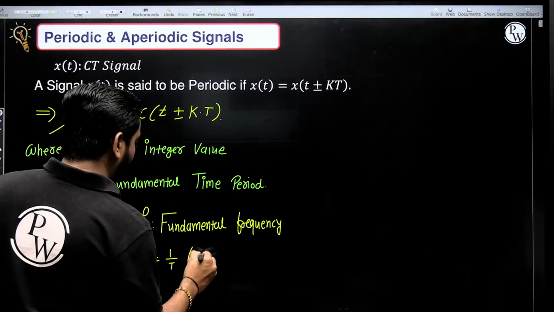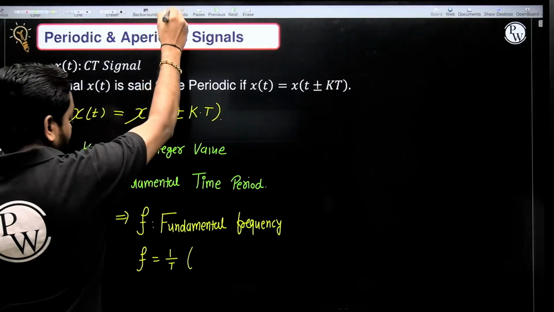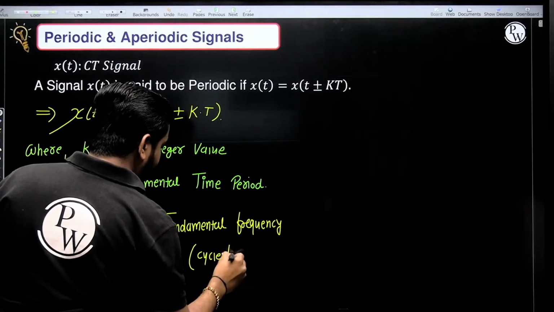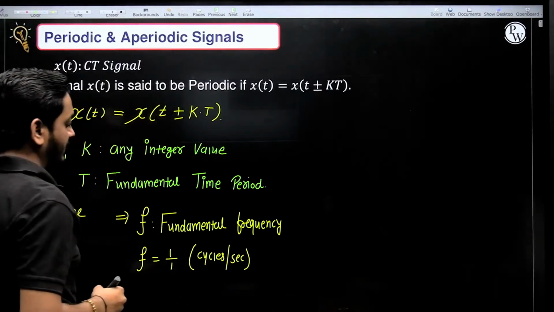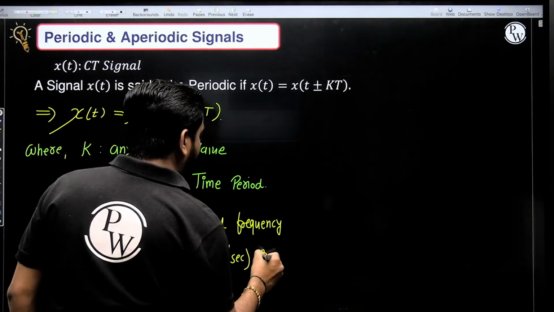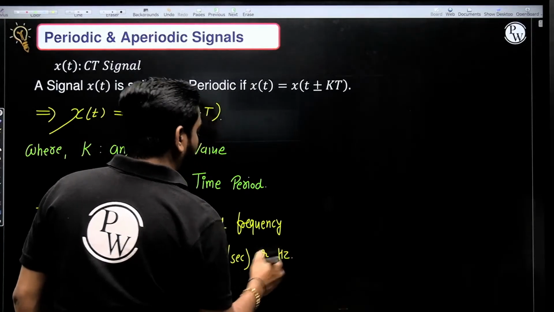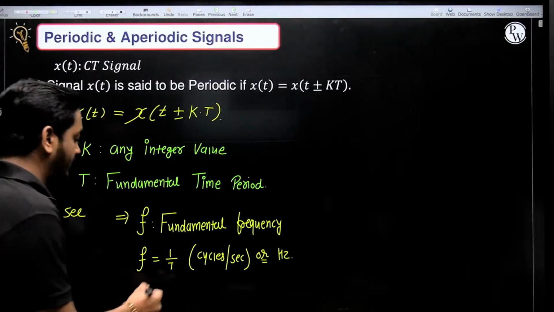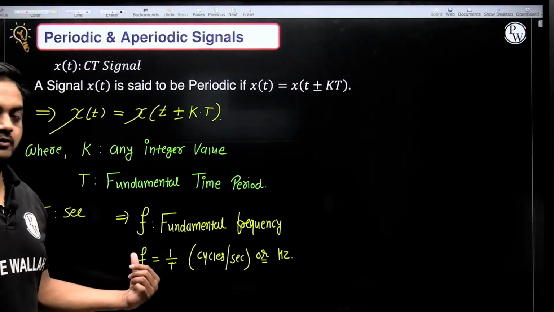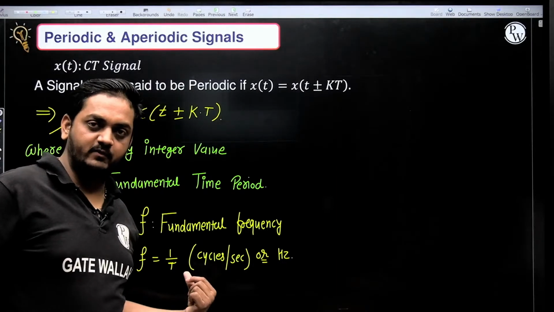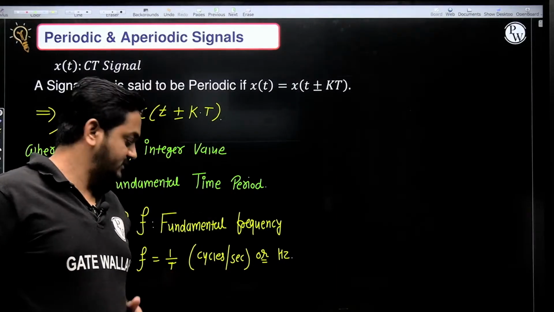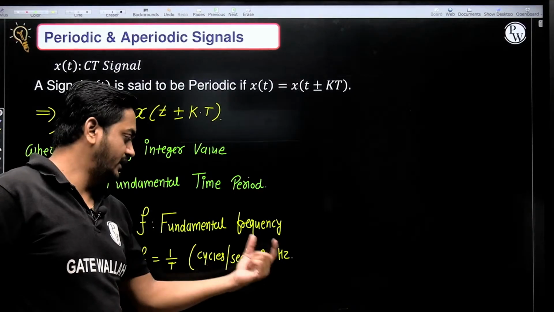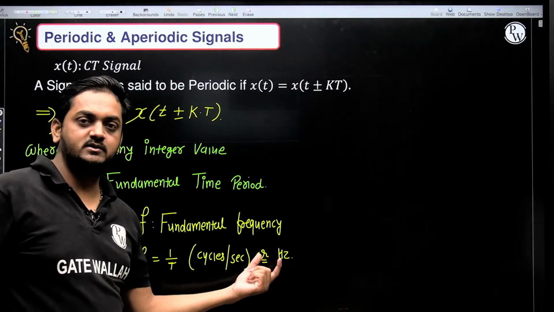Or we can say cycles per second, the number of cycles in 1 second. The old unit is cycles per second, and the latest we use is hertz, or kilohertz, megahertz, gigahertz, like that.